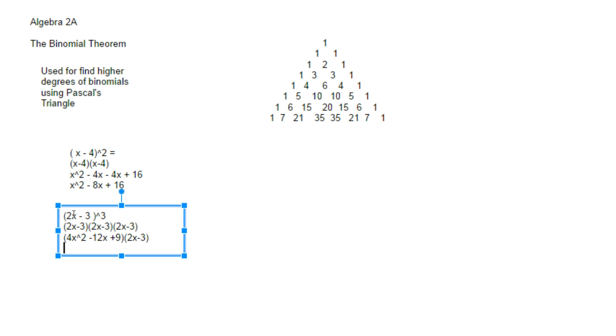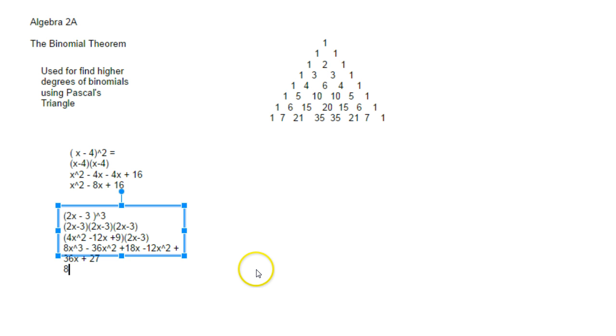What we get is 8x cubed minus 36x squared plus 18x, and then I multiply by the negative 3s, so that gives me negative 12x squared plus 36x plus 27, and then I just combine like terms from there.